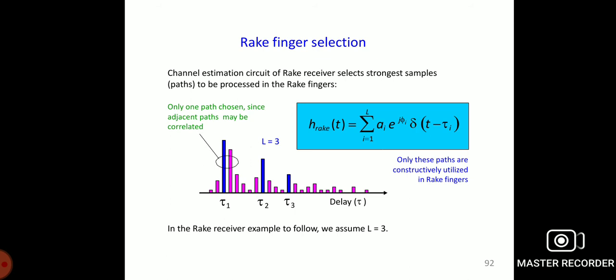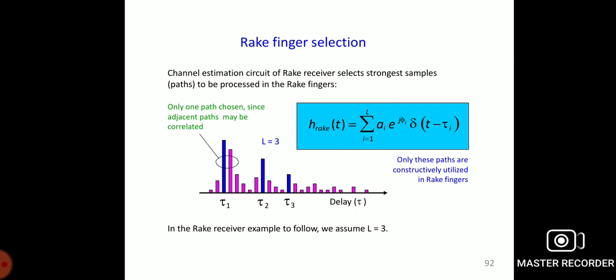The correlation function of this rake receiver is h rake of t equal to the summation from i equal to 1 to L of a i e power j pi i delta of t minus tau i. Only these paths are constructively utilized in the rake fingers. In the rake receiver example to follow we assume L is equal to 3. We can estimate the coefficient factor of the weighted signal.